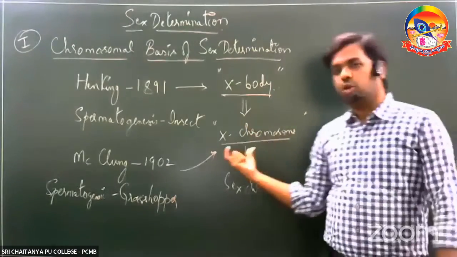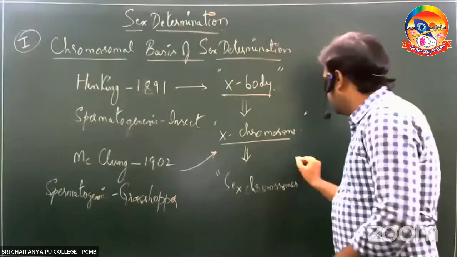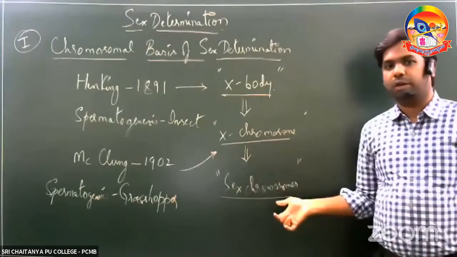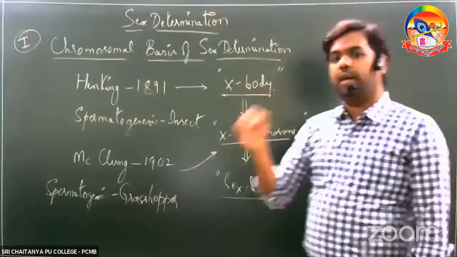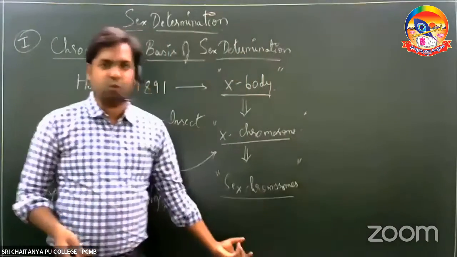Therefore, since the X chromosome is involved in determining the sex of an organism, it is also called the sex chromosome. The chromosomes which are involved in determining the sex we call sex chromosomes. Right?